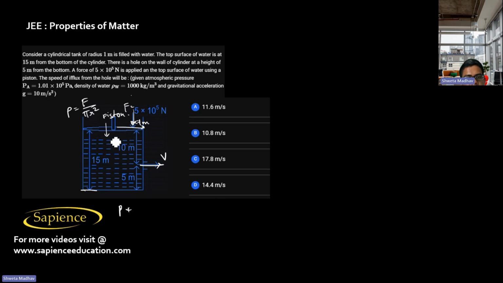P plus... here the velocity will be the speed with which water is going down, that is approximately 0 only.